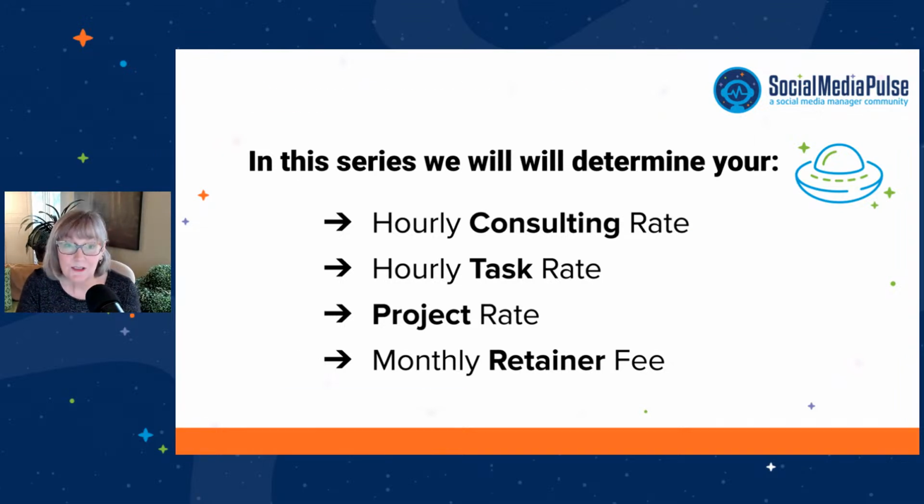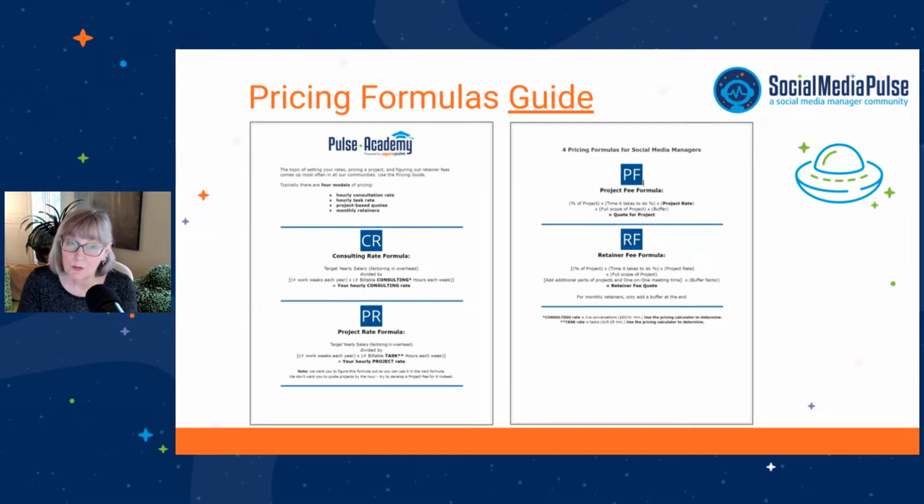Now, to determine these 4 things, we have all these super cool things for you. We have a pricing formulas guide. Now, there are 2 tracks to figuring out your fees. One is sort of a DIY, do the math yourself type of thing, and the other one is to use a calculator. I am team calculator, which you'll see why in a few minutes.